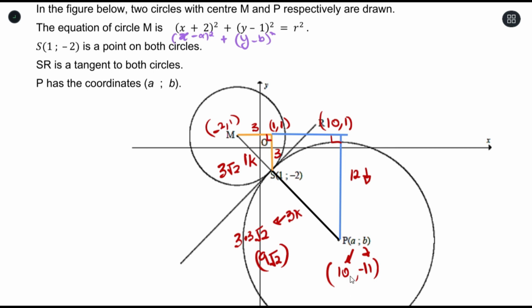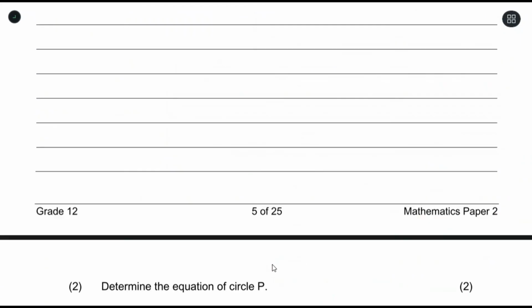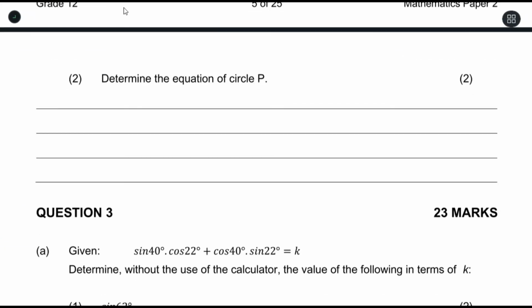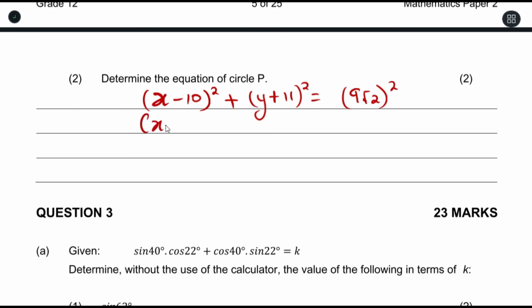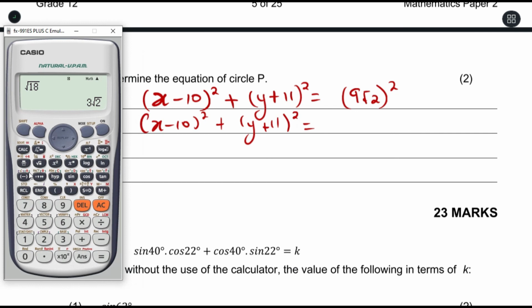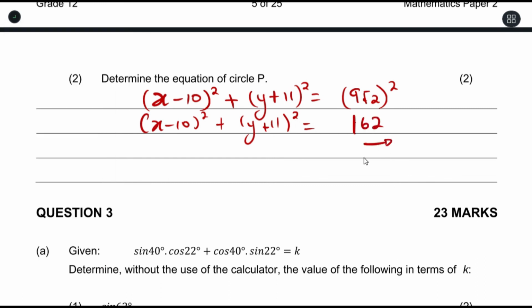The coordinate is (10, −11) and the radius is 9√2. Putting all that in, this is what you're going to get. And that there will be the equation of your circle P. That's it.